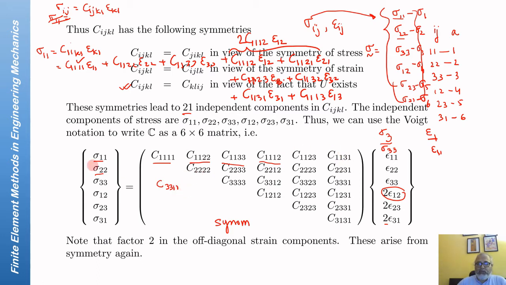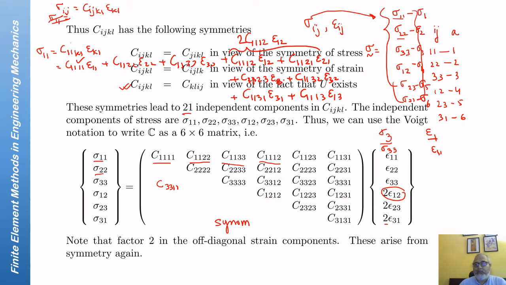So when I write this as sigma 1 to 6, I have to remember this mapping carefully. If I change the mapping, the form of this matrix will also change. If I change 12 to place number 6, then this fourth row will move to the sixth row and the sixth row will move to the fourth row.